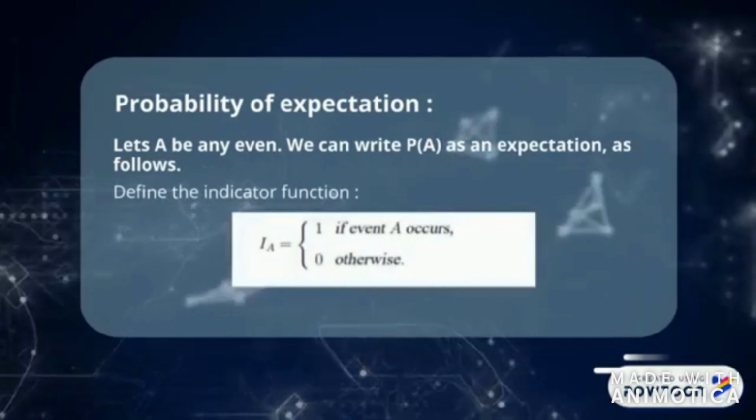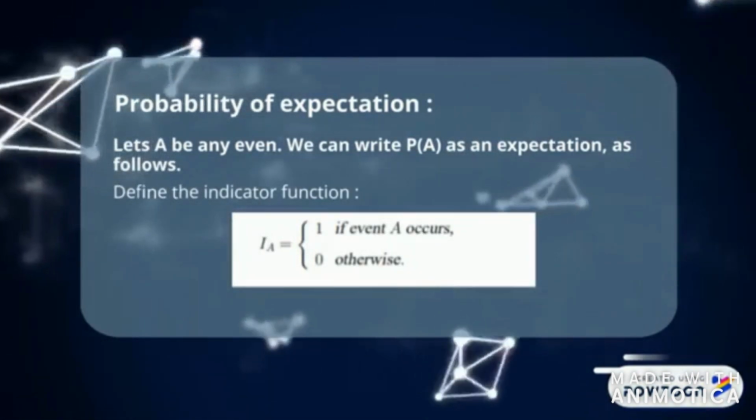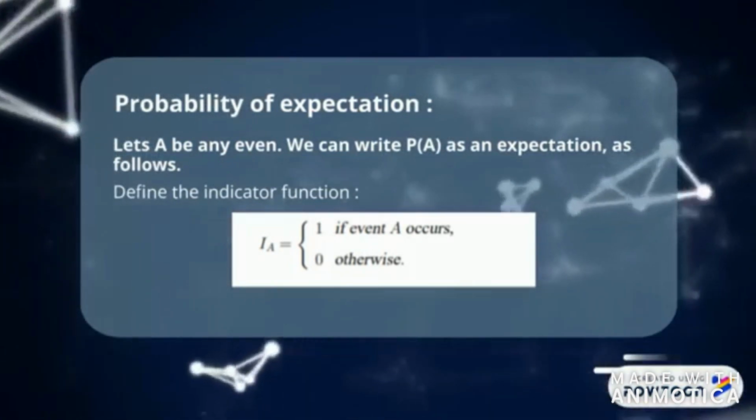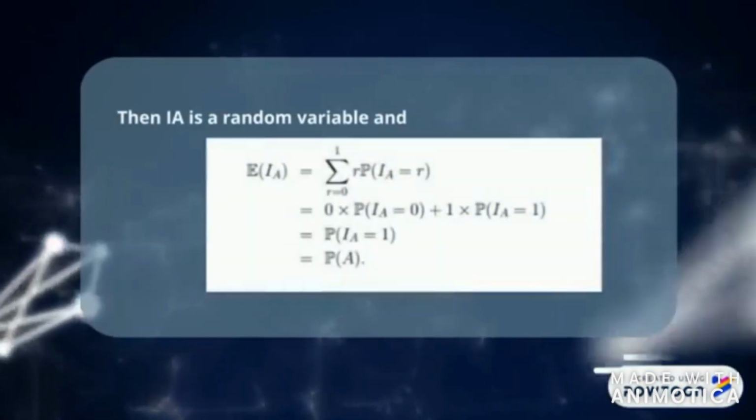Next, probability as expectation. Let A be any event, we can write P(A) as an expectation as follows. Then I_A is a random variable.